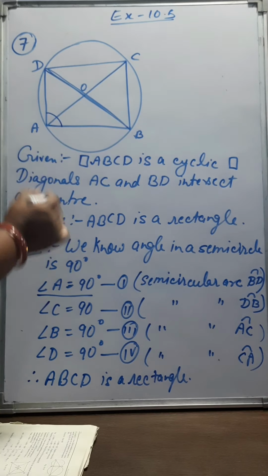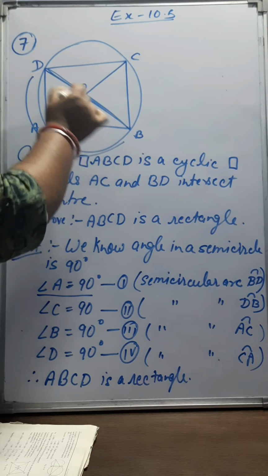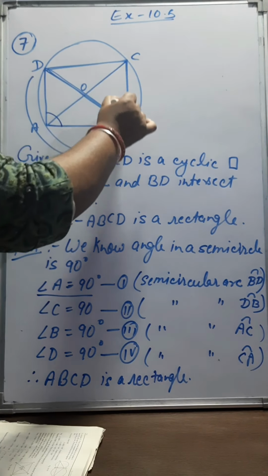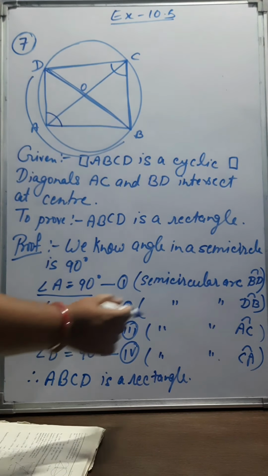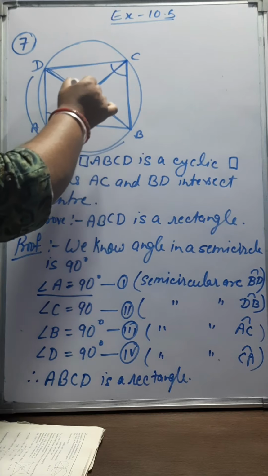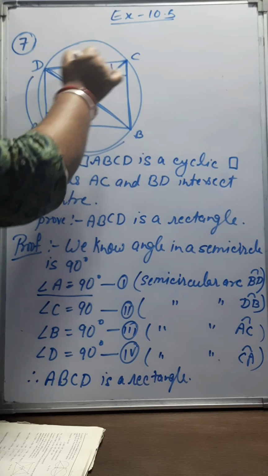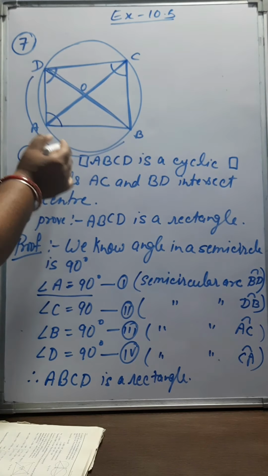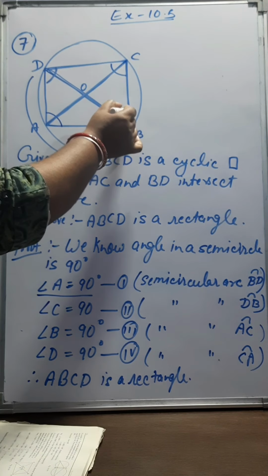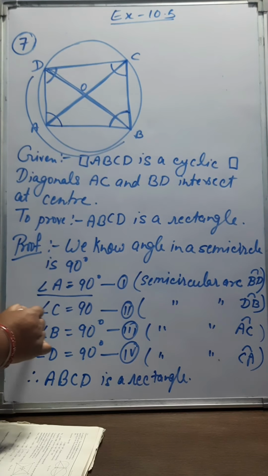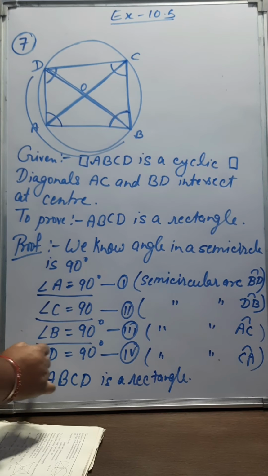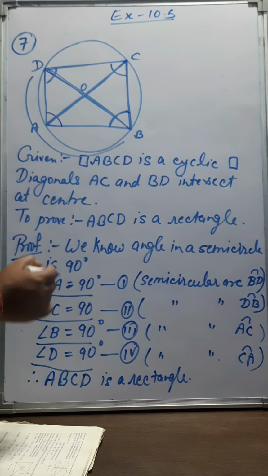Similarly, if we see the arc DB, this makes angle DCB, so this angle will also be 90 degrees. Similarly, because of arc AC, angle D becomes 90 degrees, and this angle B becomes 90 degrees. So each angle of the quadrilateral is 90 degrees. So we can say ABCD is a rectangle.